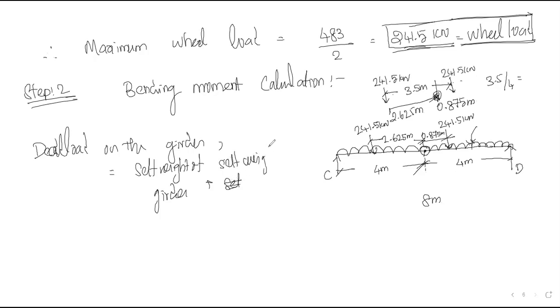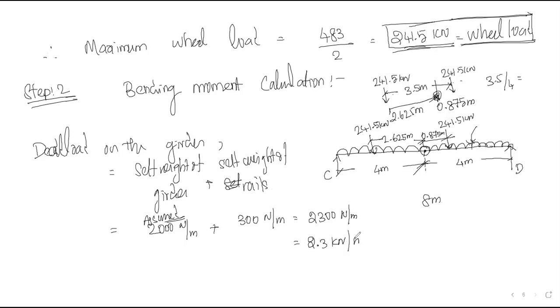The self weight of the gantry girder I am going to assume as 2000 Newton per meter, that is 2 kilonewton per meter. The self weight of rail, given in the data, is 300 Newton per meter. So it becomes 2300 Newton per meter, which is nothing but 2.3 kilonewton per meter.